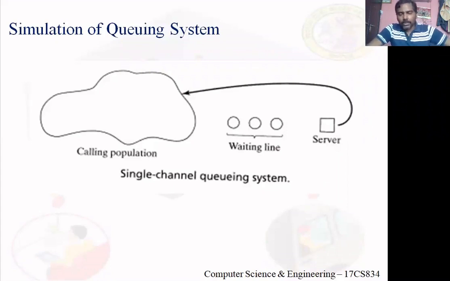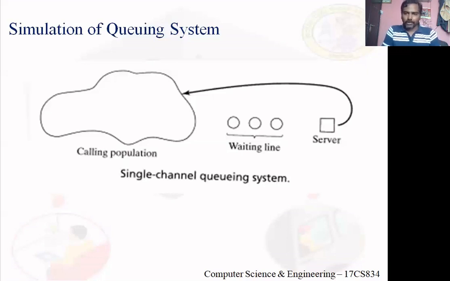So this customer should enter a queue. That queue I'll call a waiting line. This waiting line is within the system. Clear? So when a customer arrives at the bank, if the server is busy serving some other customer, this customer should enter the waiting line.